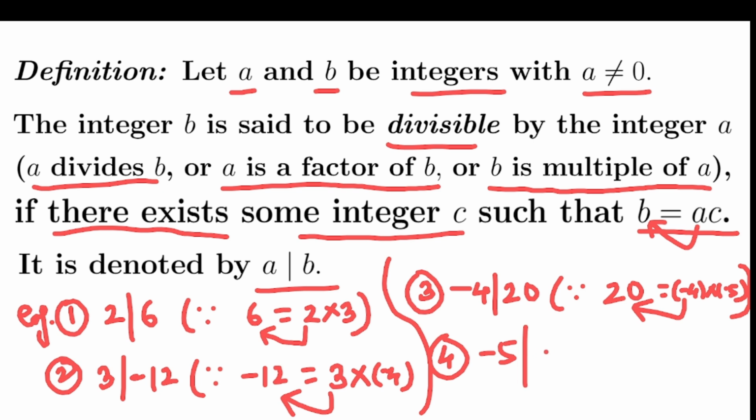Minus 5 divides minus 30 because we have an integer 6 for which minus 5 into 6 is equal to minus 30. So we can say that minus 5 divides minus 30.